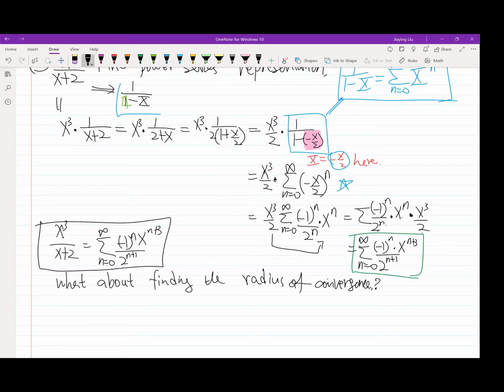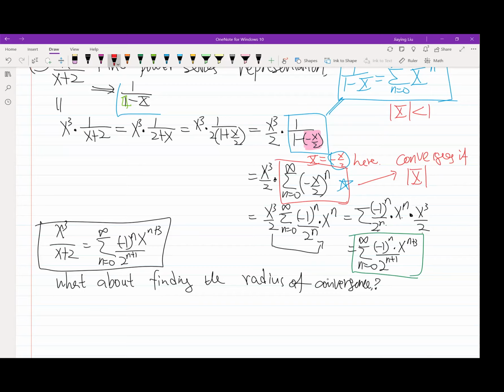We know that the series on the right here converges if absolute value of capital X is less than 1, right?